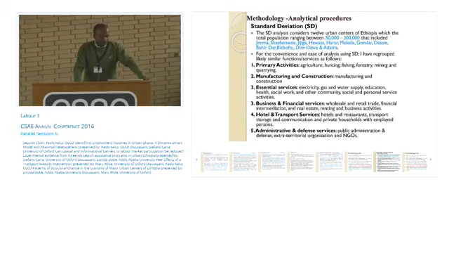And these activities were aggregated. Primary activities like agriculture, hunting, fishing, and the like were put together as primary activities. The second group, manufacturing and construction. Then essential services, business and financial services, hotel and transport services, administrative and defense services.